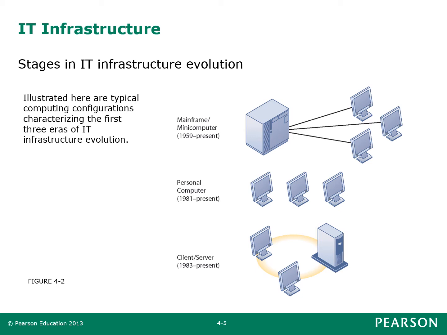In the middle of the figure, we see personal computers. They are normally separated or connected. And finally, at the bottom of this figure, we can see the client-server network. There are many desktops connected with a server.